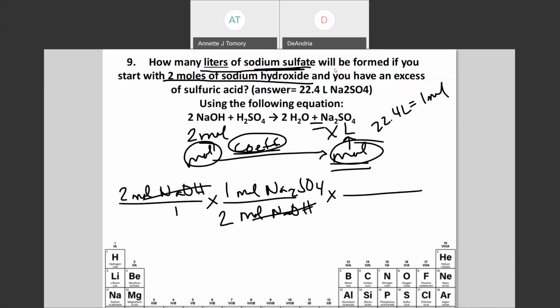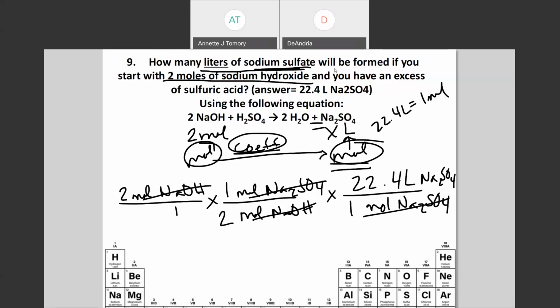What do I put on the bottom of the next one? Moles of Na2SO4. And what number always goes with moles? 1. What am I going to put on the top of that to get us to liters? 22.4. All right, so the moles cancel out, and we're left over with liters.